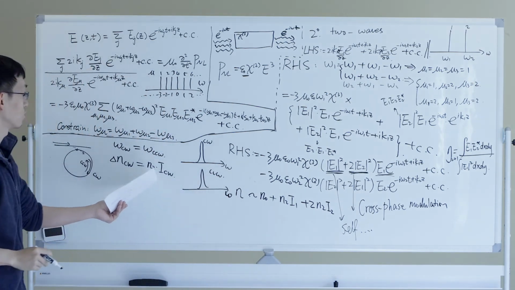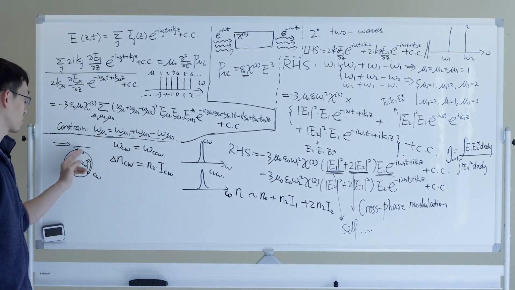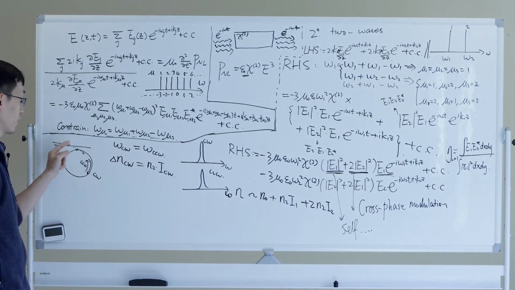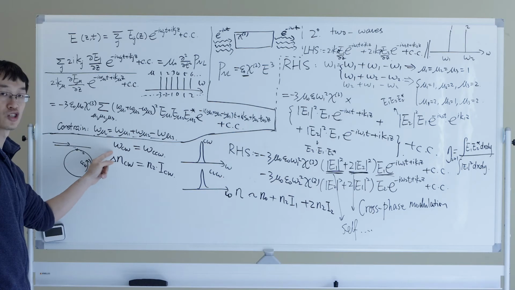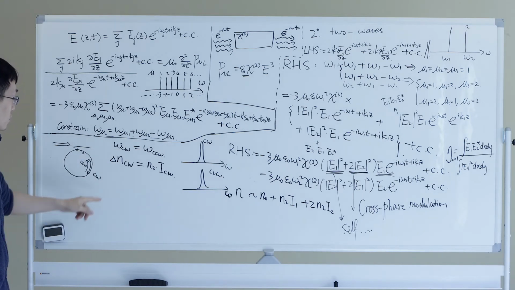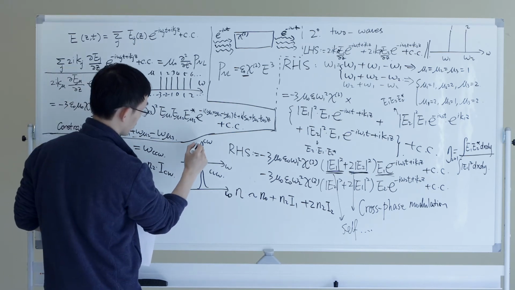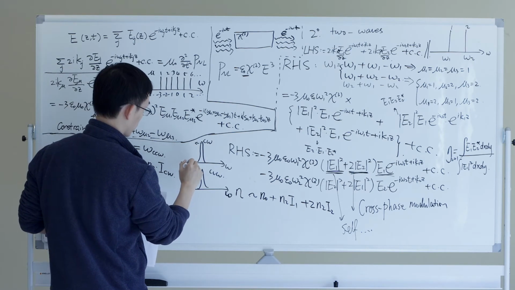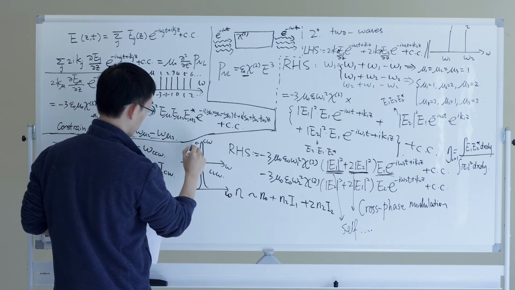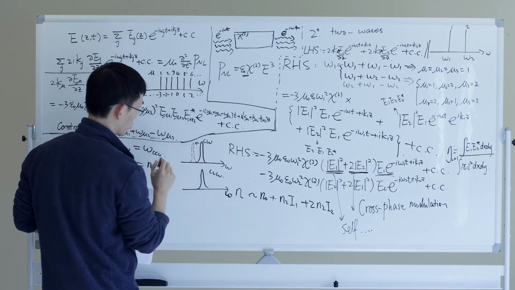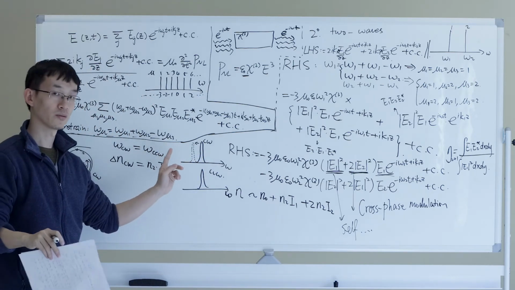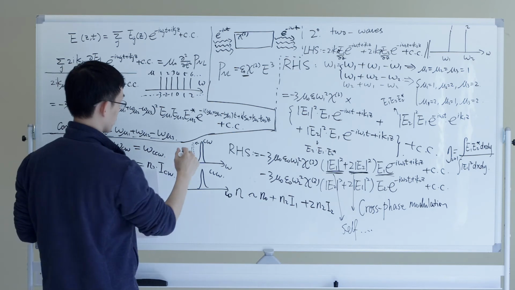Okay, so it will actually change your refraction index, that changes the speed of light inside, and thus shifts your frequency. So if you have this refraction index change, then it will shift your frequency to the left by a little bit. Let's say by delta omega.